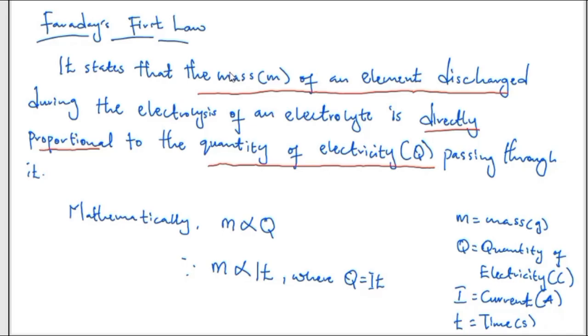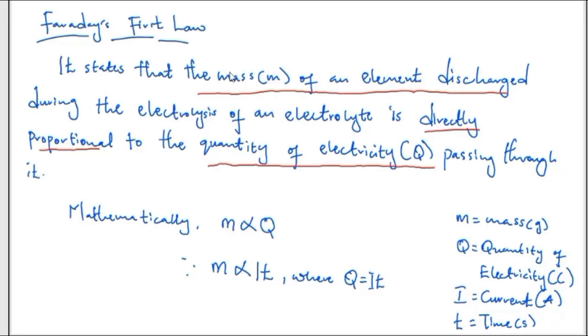So those are the three keywords. The mass of an element is directly proportional to the quantity of electricity passing through it. So what does that mean? That means the more electricity passed through an electrolyte, the higher the mass of the substance or element that will be discharged, either at the anode or the cathode.